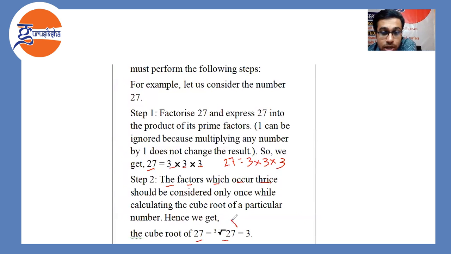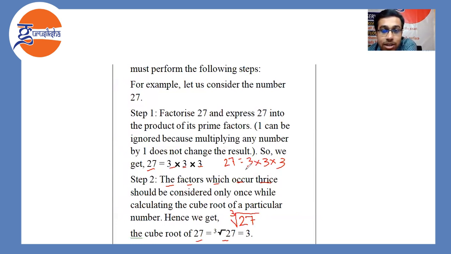First of all, the cube root is written like this. You give a square root sign and insert a small 3 at the top left corner. Then the number in question, 27 here. So the cube root of 27 is written like this. How do you calculate it?